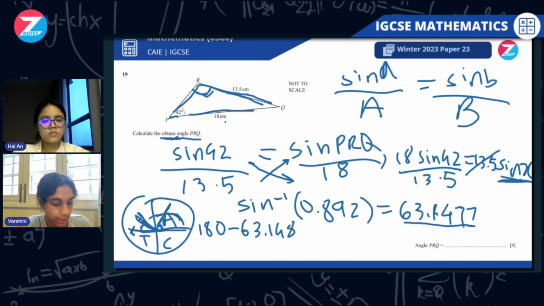If you put that in our calculator, 180 minus 63.1477 something, you get 116.9 if you round it off. And remember, for angles, we always round them off to one decimal place, not to three significant figures. So our answer is 116.9.